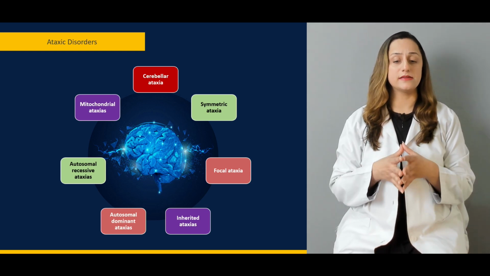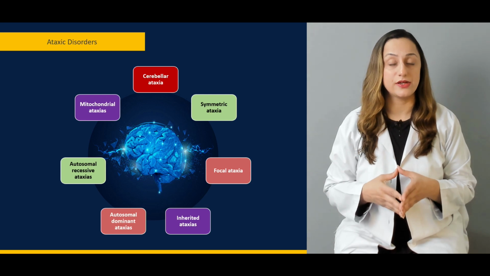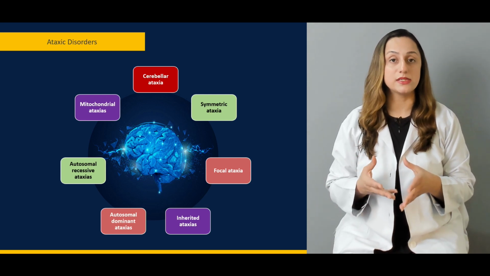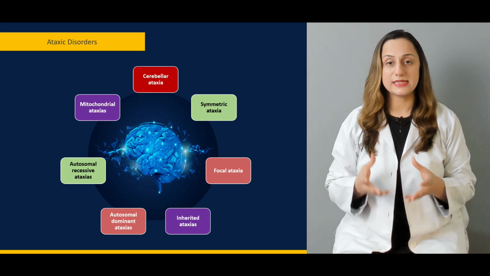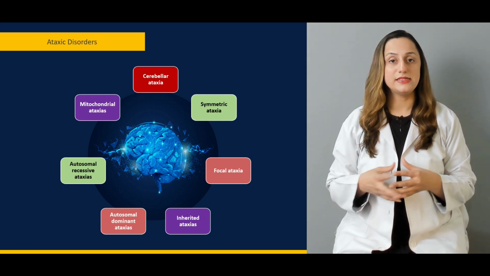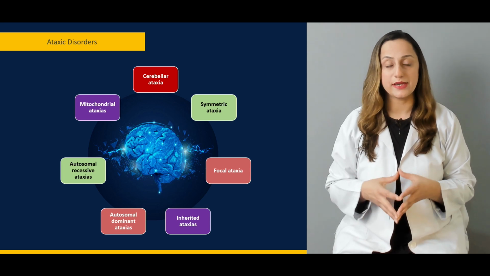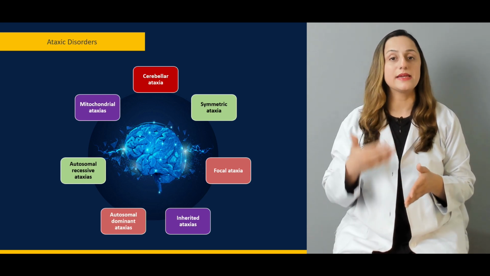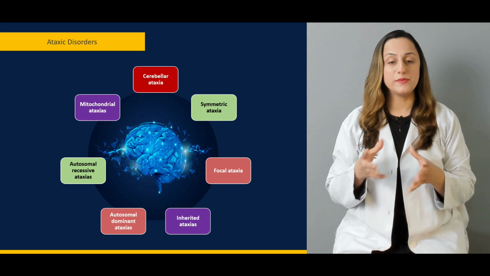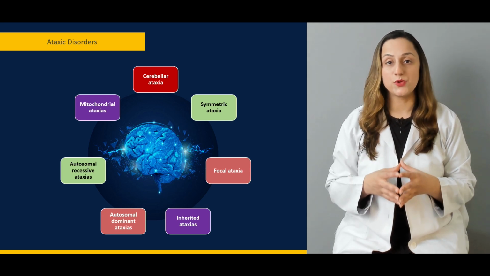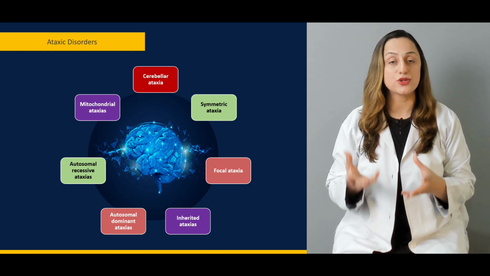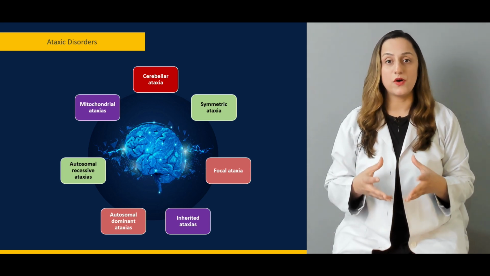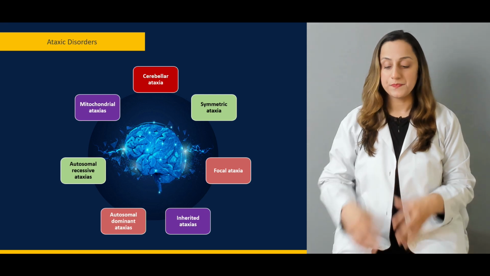Usually the groups mentioned here, the autosomal dominant, recessive, or the mitochondrial ataxias, are the genetic conditions that we're talking about. So usually they have a genetic background, and when we study them in detail, you would come to know that a genetic alteration or mutation is causing these kinds of ataxias in these patients.